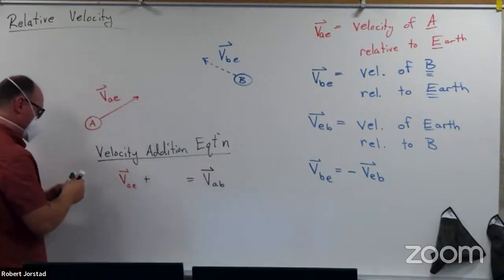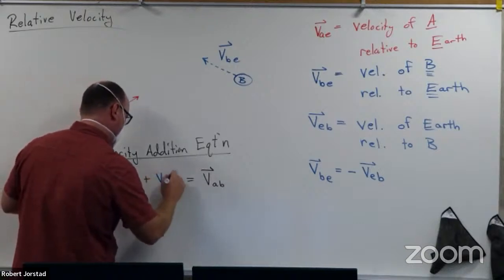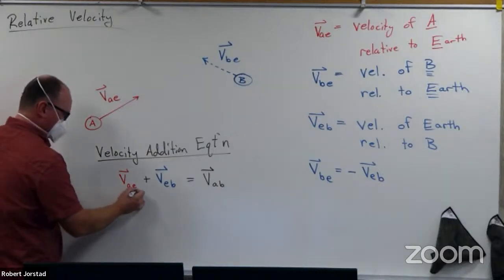I'm going to write it down. Give me a sec. This is one correct velocity addition equation. There are an infinite number of others. And so it gets kind of sneaky. There's a trick for knowing that you've written down a correct velocity addition equation. I like to call it the squeezed out theorem.